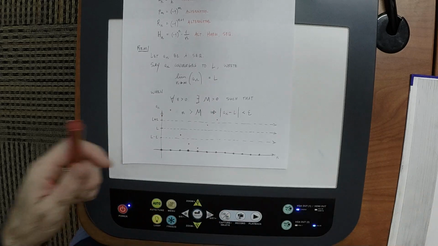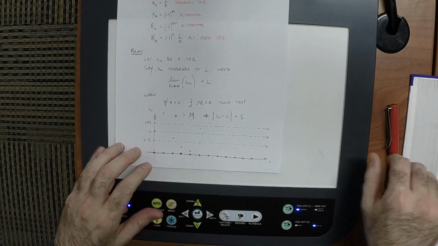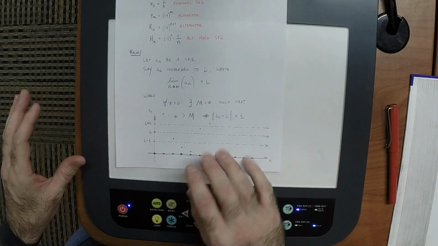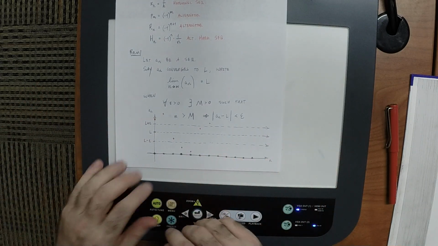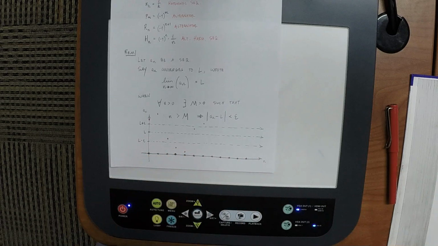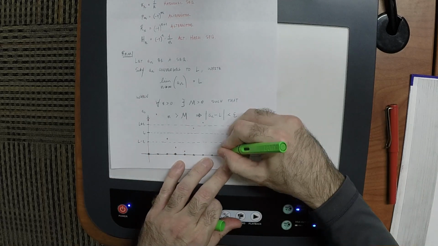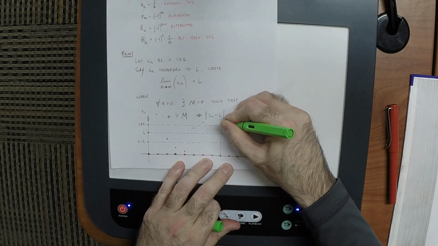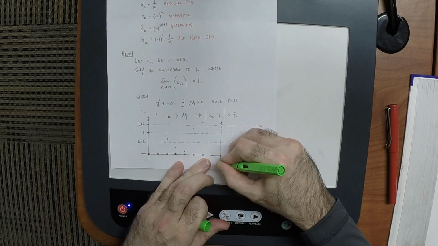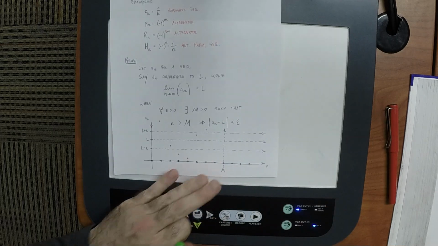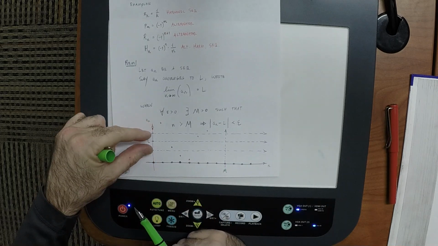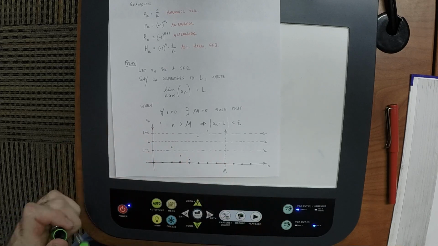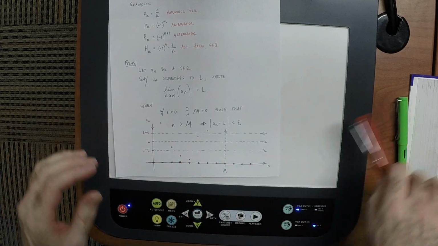But then I have to be able to respond and say that yeah, I can make sure that all the points that we plot will be in the strip that you say. But we have to go out to this place over here. So this is M. You make the strip small, and then I respond with M, that's how far you have to go.